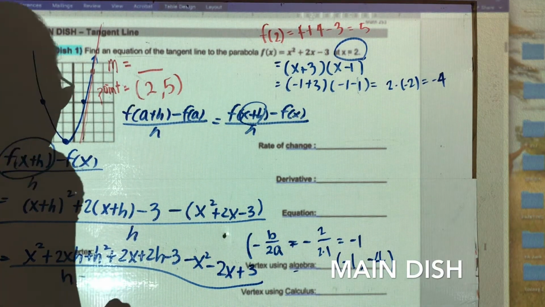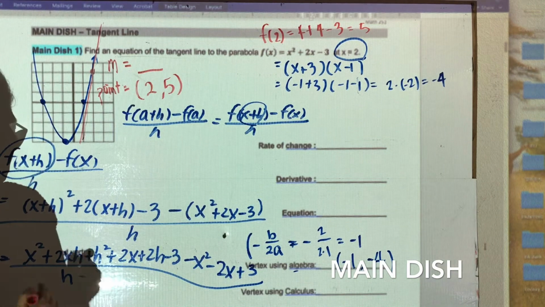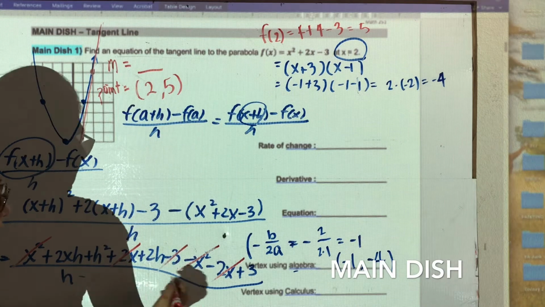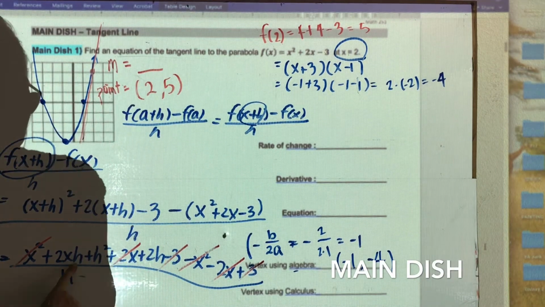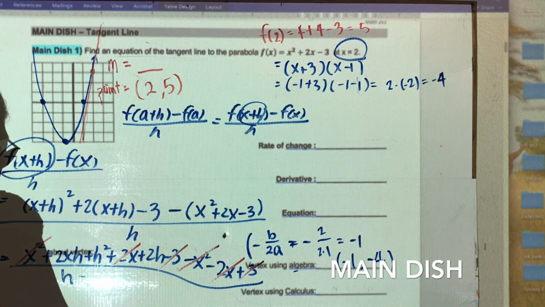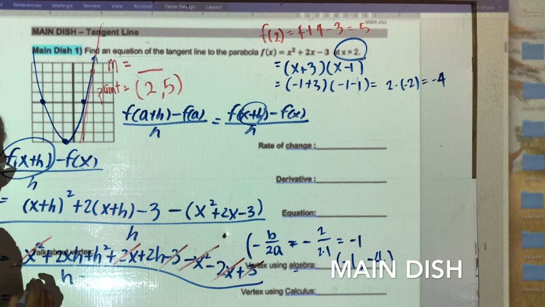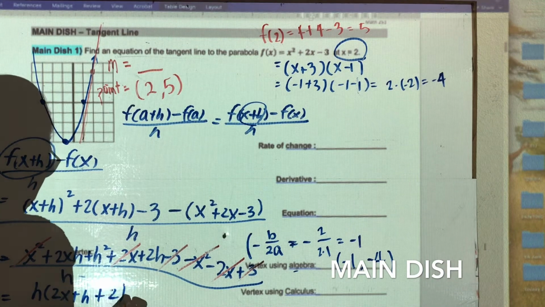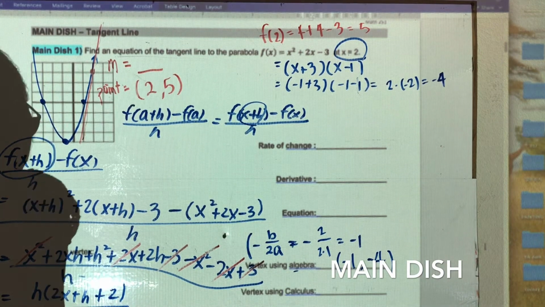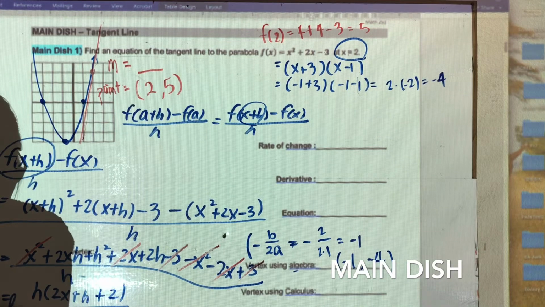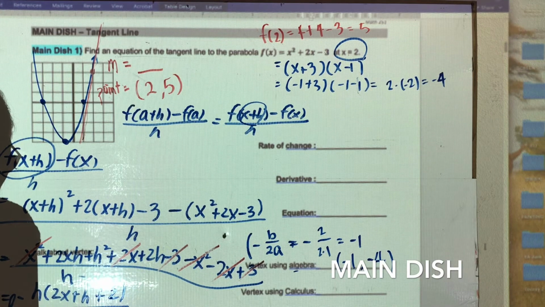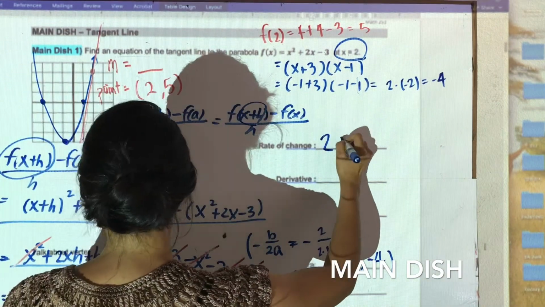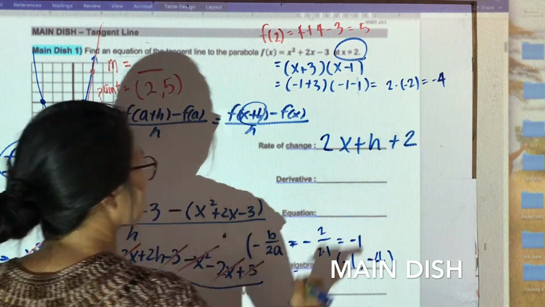It's a little bit long work, but I want you to try. A lot of them will cancel out, and then nicely the h term will remain. So I'm going to factor out h, then I have h times (2x plus h plus 2) over h. Do I need to send the limit here? Not yet. My rate of change is going to be 2x plus h plus 2.